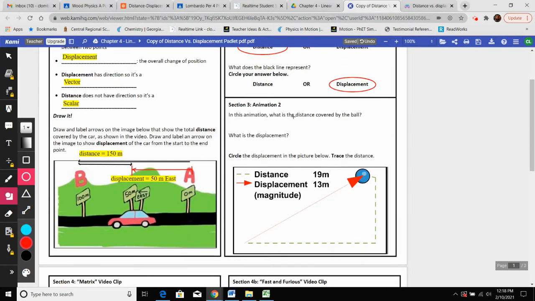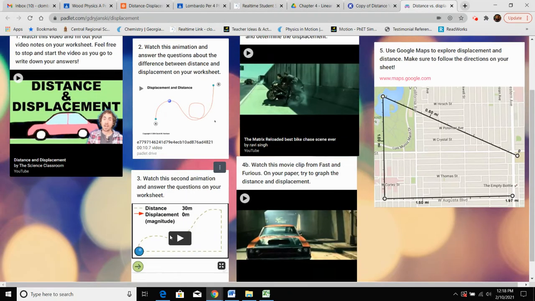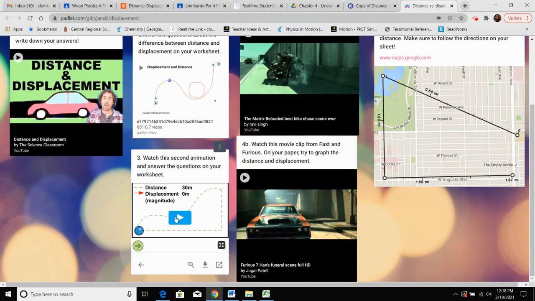So in this animation, what is the distance covered by the ball? All right, you see the ball going this direction, going up, doing this whole little slide thing, and ends here.